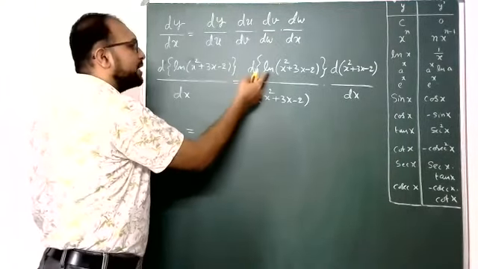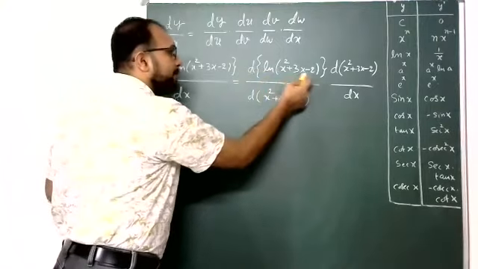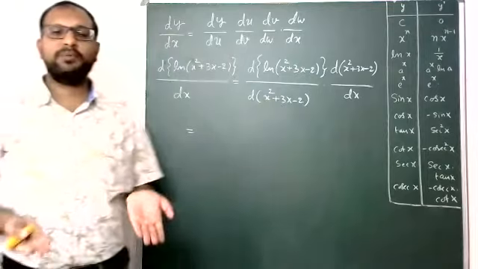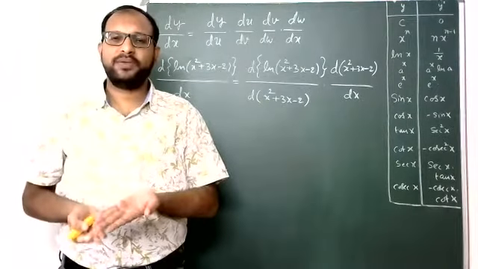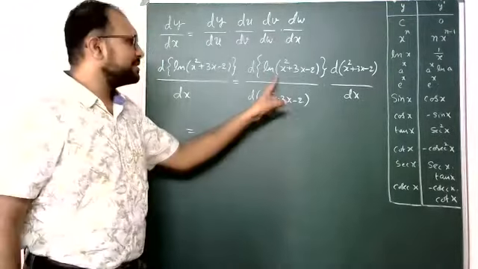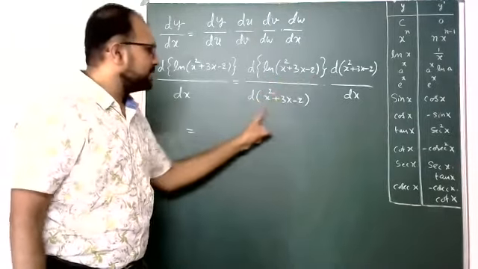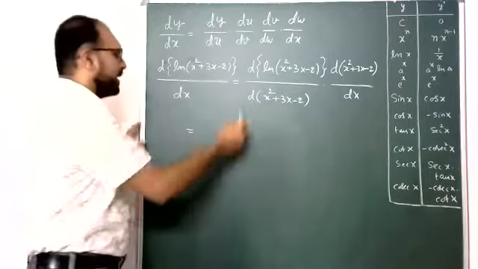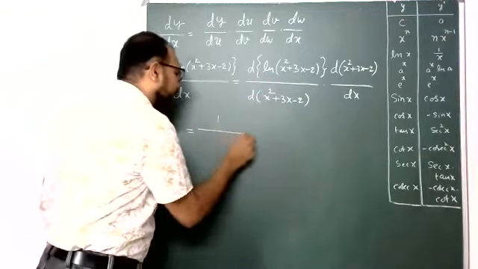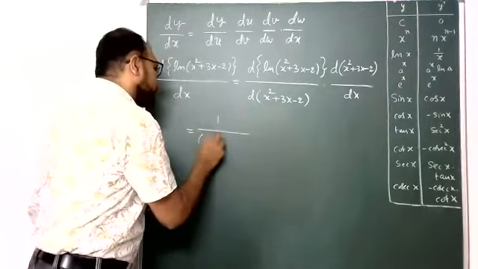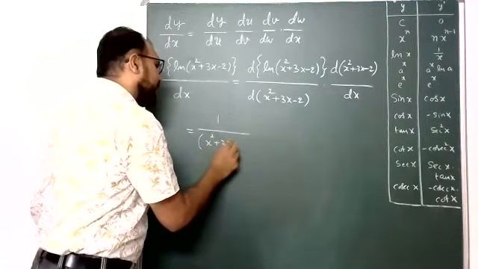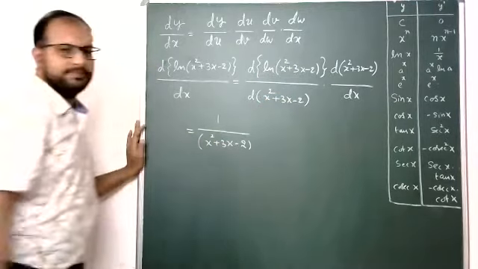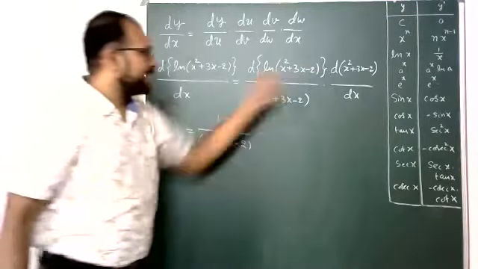Okay, just listen. Now here, this is very simple. This is the derivative of ln of a complete function with respect to that same function. Students, tell me, what is the derivative of ln x with respect to x? 1 by x. Same thing, this total is, suppose, x. So that's why 1 divided by (x square plus 3x minus 2), this derivative is over, into the second term.